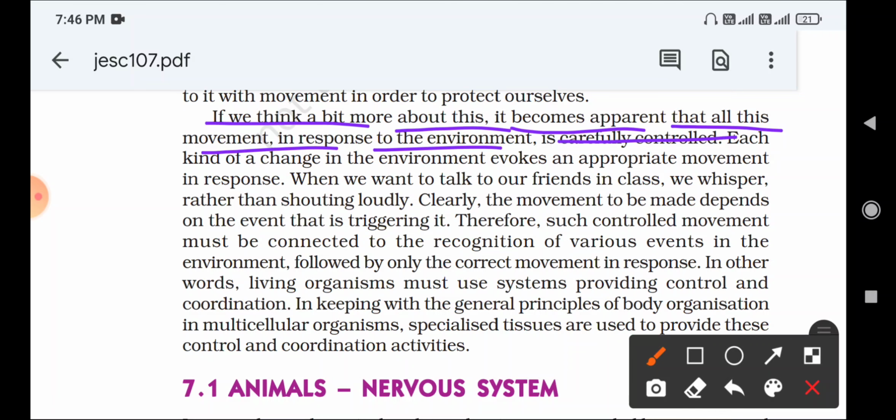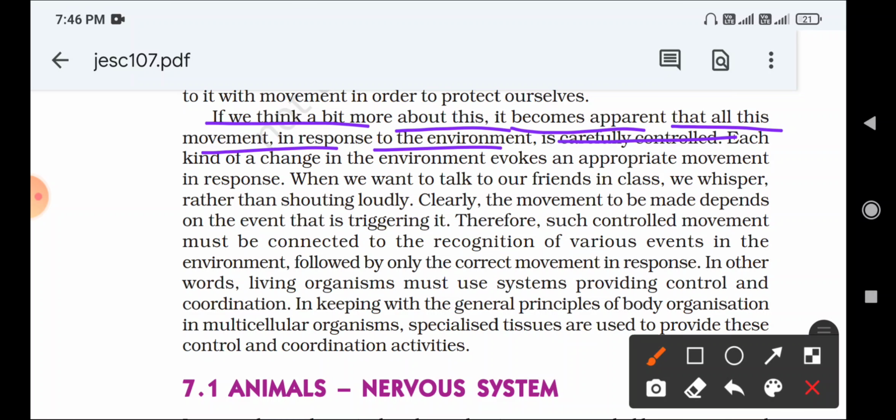The children swinging, the buffalo chewing cud, the cat running, and the response when a flashlight falls on our eyes are all controlled and coordinated in such a manner that we give an appropriate response to changes in the environment. Whatever the environment changes, we respond accordingly.